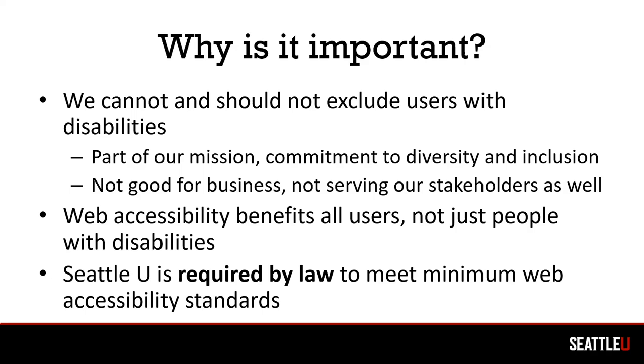But also it's a good business practice, right? If we are not making our website and our social media content accessible for all users, we're not serving our stakeholders as well. We're not serving our students, our faculty, our staff, our prospective students, their families, our donors, right?